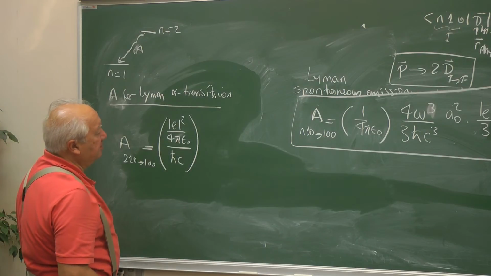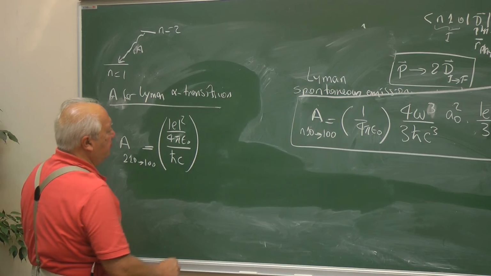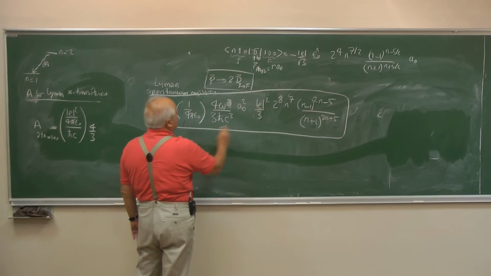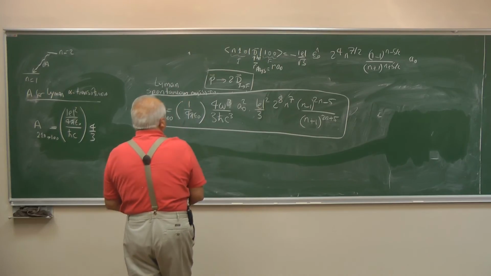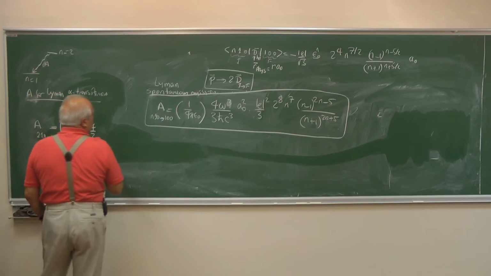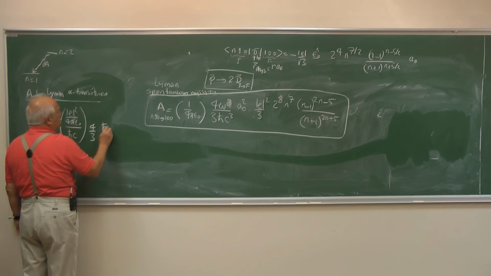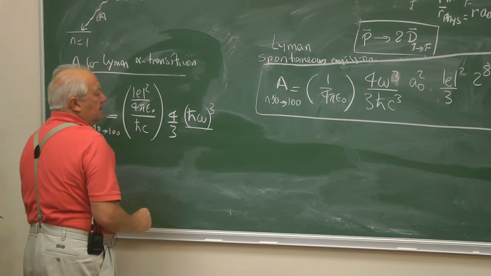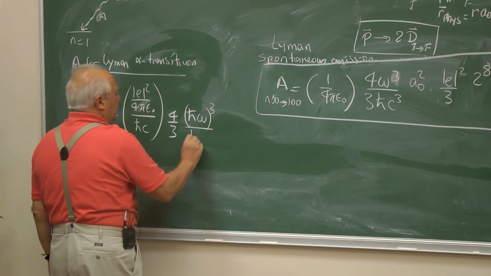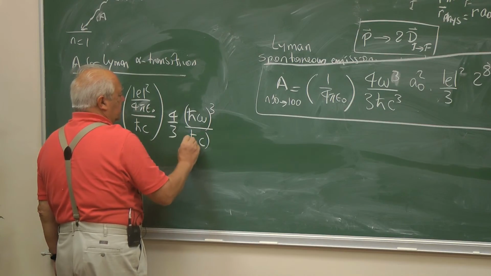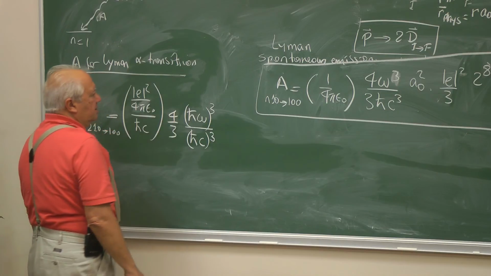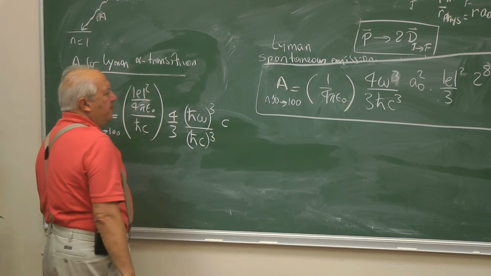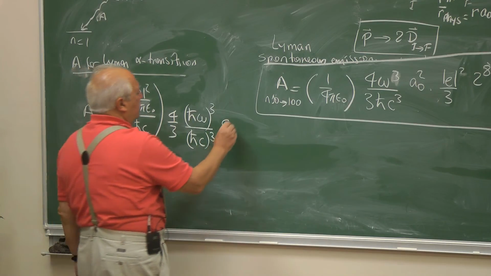Next, I have 4 over 3. So this is gone, this is gone. 4 over 3. Let me multiply by h cubed, and here let me just divide by h cubed. Let me write h c cubed, but I used one c there, so I will multiply this by c, and then I have a0 square.